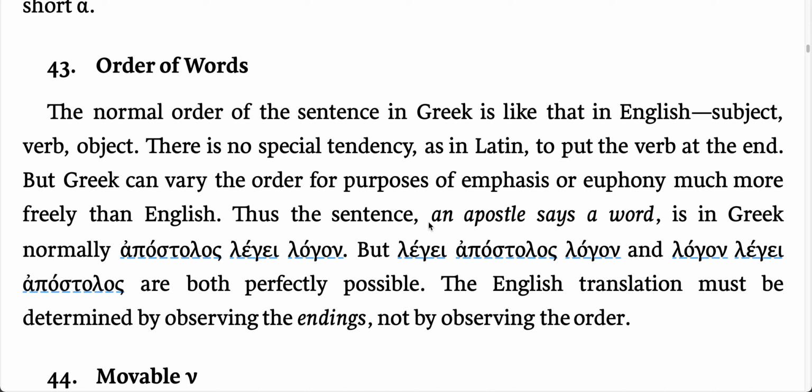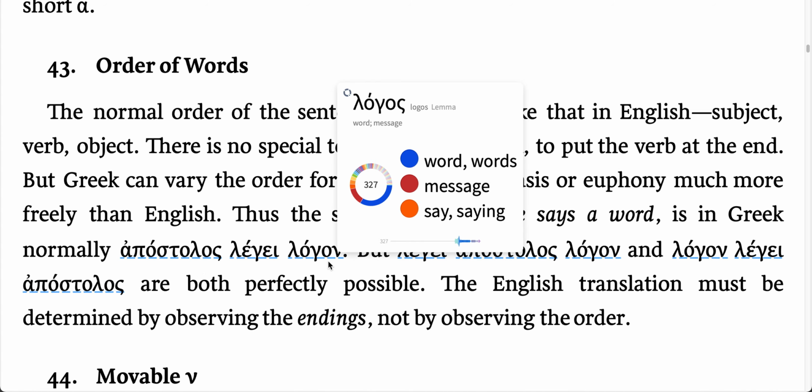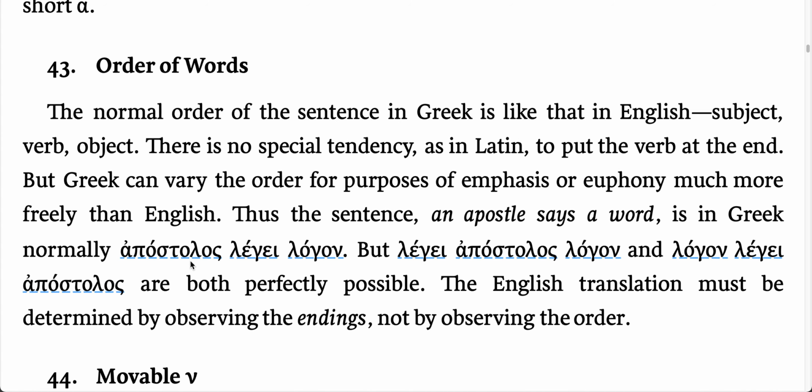So, thus the sentence, an apostle says a word, in Greek normally would be apostolos, legei, logon. An apostle says a word. This is nominative singular. This is accusative singular. This is the subject of the sentence. This is the direct object of the sentence. But legei apostolos logon and logon legei apostolos are both perfectly possible.